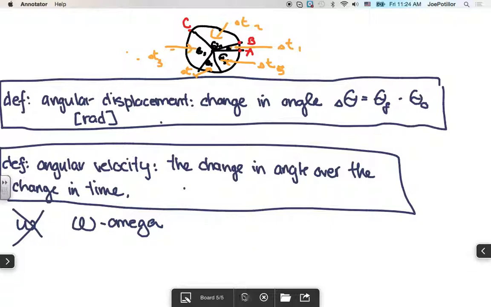We'll go to the next page. Alright, so angular velocity, it is a vector technically, so we should put vector symbols over them, but for now, it's not that big of a deal.